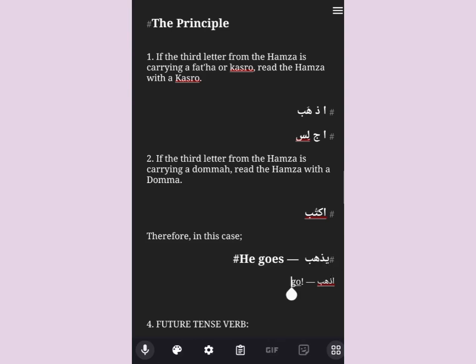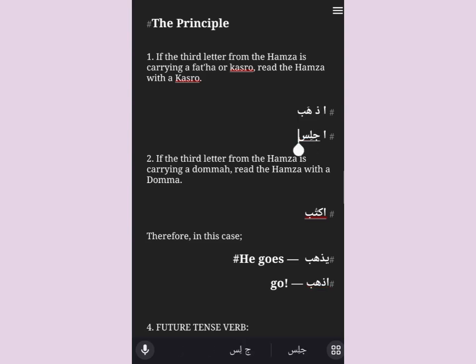If that is taken, therefore, we'll have, for example, yadhhab becomes idhhab. Tajlis becomes ijlis. Taktub becomes uktub. For a feminine, if you are talking to a second person feminine, you'd have to add a ya.